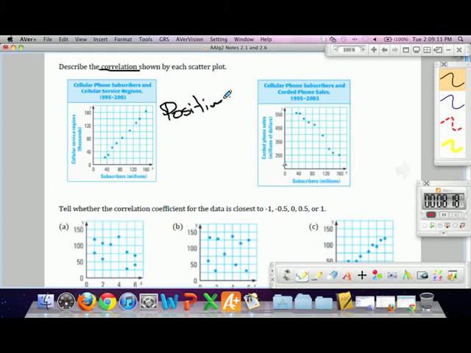Since we're describing correlation specifically, if the line that you would draw has positive slope, then you have positive correlation. If the line you could draw through those has a negative slope, then we have negative correlation.